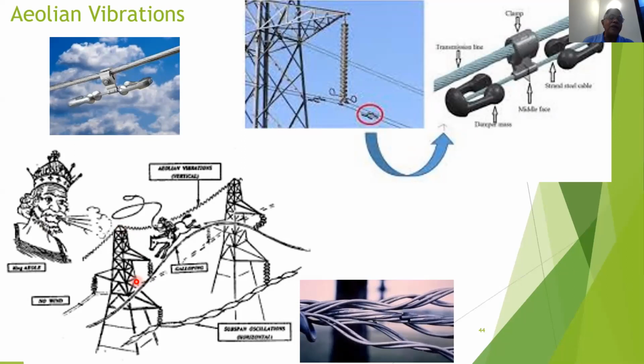vibration damper with vibration of the conductor. It can swing to any direction because the conductor cable is joined over here. So this would damp the vibration.